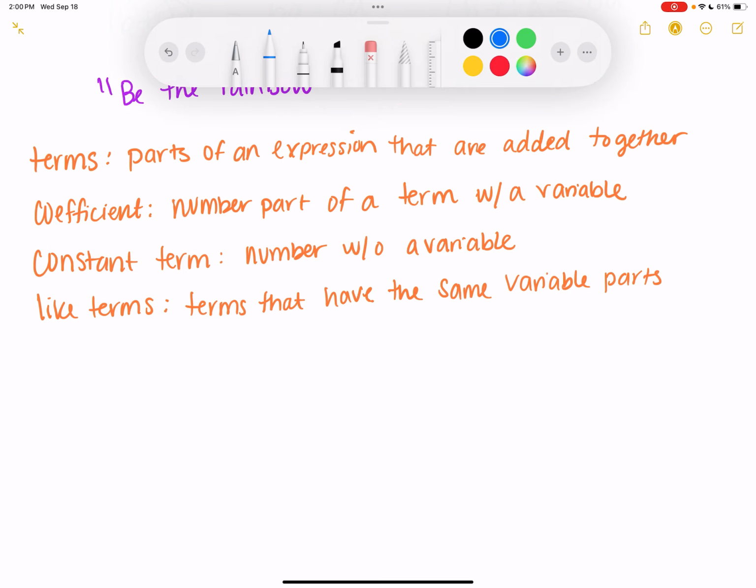So if I have 3x minus x plus 2, something like that. Each of these pieces are terms individually. Let me actually do it this way. This piece, and this piece, they're all terms. These right here specifically are like terms. They both have a variable of x, so we can combine those.